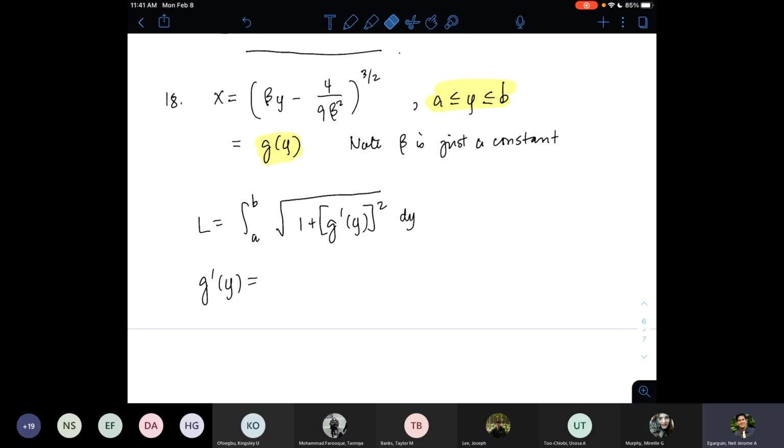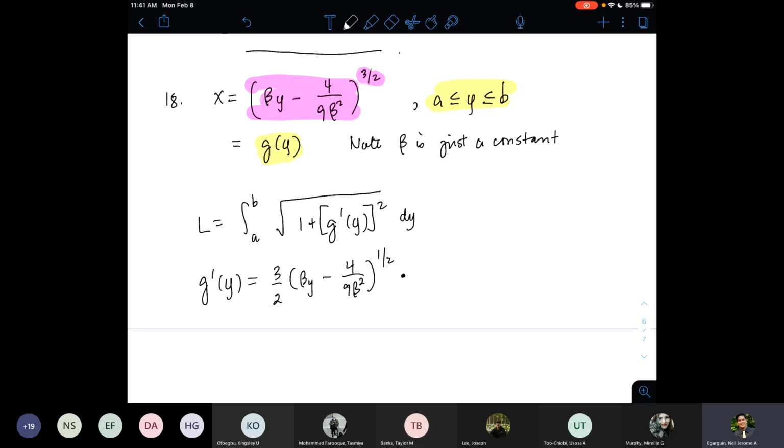Okay. So here we have something raised to the 3 halves. So its derivative would be 3 halves times (beta y minus 4 over 9 beta squared) raised to the 1/2. Then the chain rule kicks in, times the derivative of the inside function.